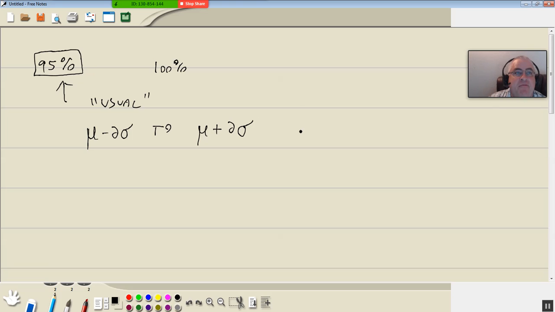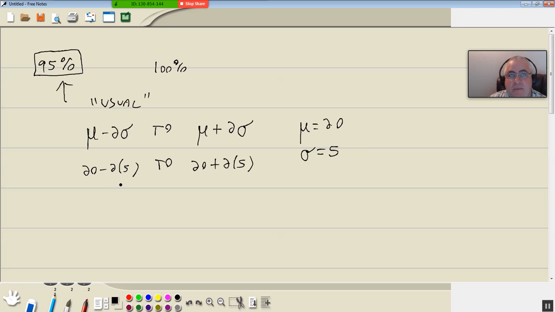So for example, if my average age was 20 and sigma is equal to 5, the usual age, we plug these numbers in. So I got 20 minus 2 times 5, and that's going to 20 plus 2 times 5. 2 times 5 is 10, 20 minus 10 is 10, and this is 30. So this is the normal range of values.